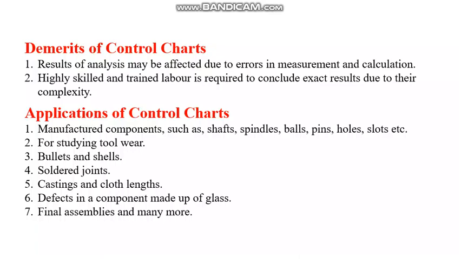For that also, control charts are used. Then defects in a component made of glass, in glass manufacturing, whether it is glass used for automobiles, or even mobile screens and other things. For those defects also, control charts can be used. Then final assemblies of components and many more. For all these, control charts are used. These are the different applications of control charts.